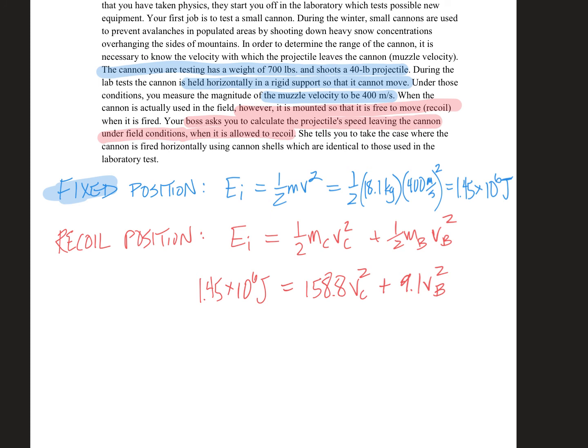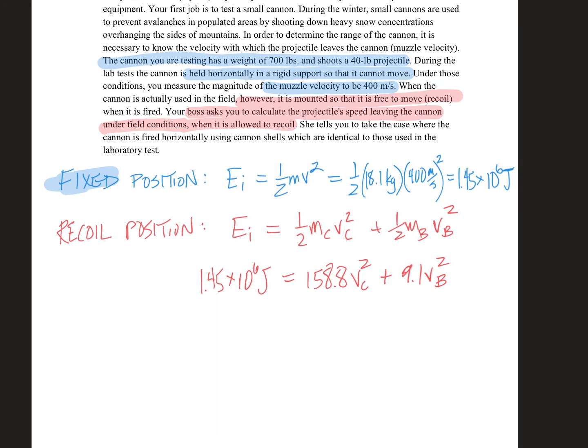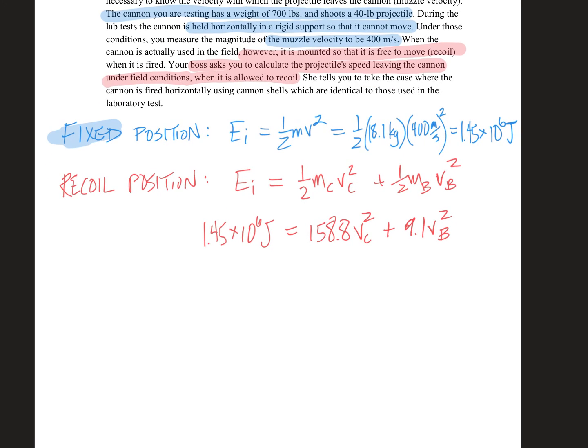And the reason why we're doing this is the next stage is going to be momentum conservation, where we can put B in terms of C or vice versa. We want to know the projectile speed leaving the cannon, so we want to replace V sub C with something, so that we get an equation only in V sub B, because we want the speed of the ball.